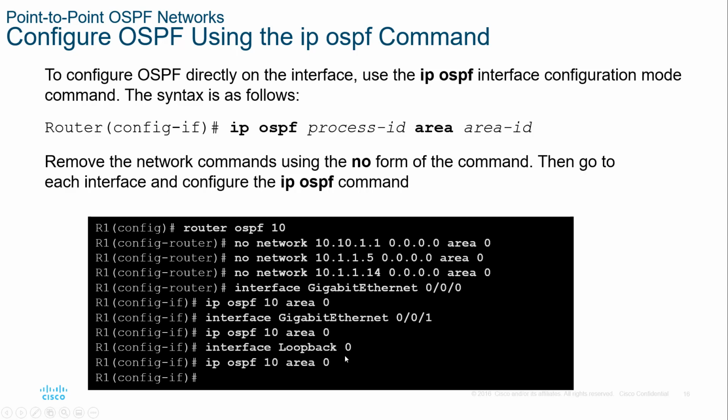You'll notice here we have one for our loopback, our gig 0/0/1, and our gig 0/0/0. So you can do the OSPF underneath each interface, or you can do it underneath an explicit router statement. It just depends on what you want to do. So you do not need to do the network statements if you're doing it underneath each interface. But if you do it underneath each interface, you need to make sure to do it underneath all of them.